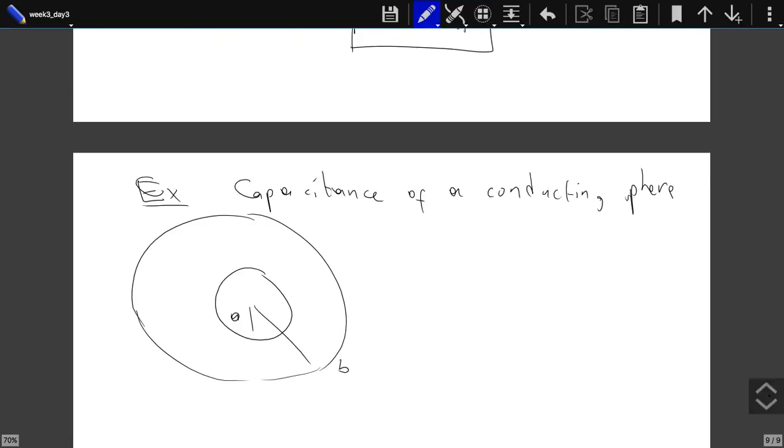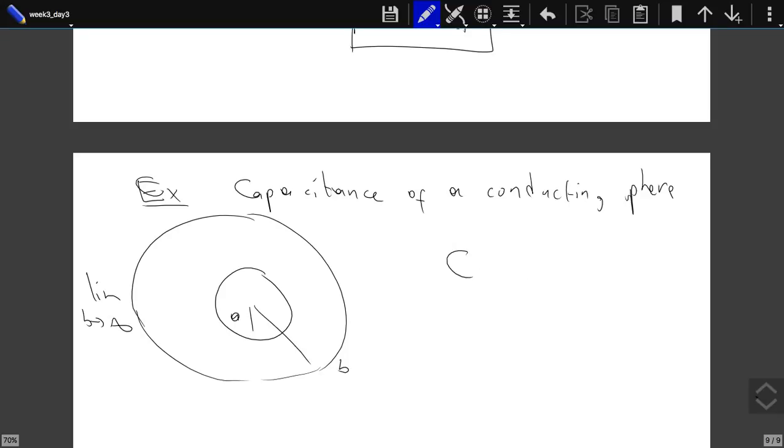Now, if you have a single sphere, not these two concentric spheres, you can just imagine it as the limit as the outer sphere goes to infinity. So we only have the inner sphere left.